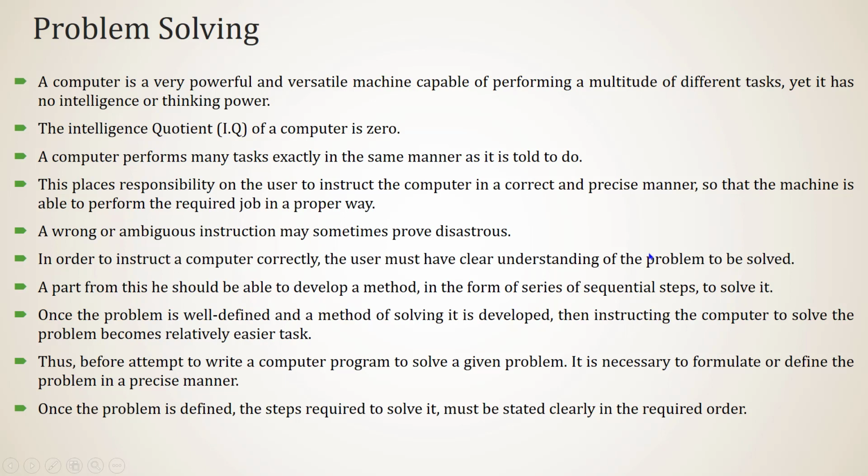A computer is capable of solving large problems, but the user knows the method. Maybe a human can't solve a large problem, but he knows the method to solve smaller problems. The same method can be applied to a larger problem. So the same method is instructed to the computer, and the computer can solve the larger problems.